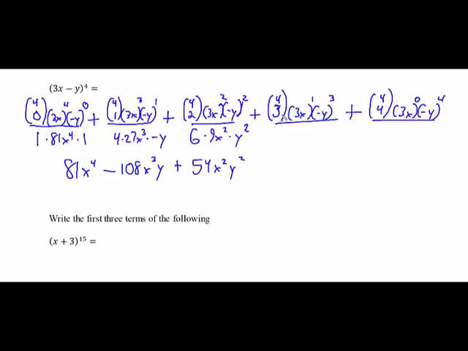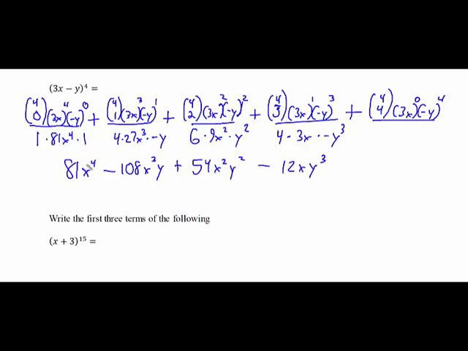Alright, so for choosing 3, if I'm choosing 3 items, I'm going to have 4 as a possibility there. That's from doing the combination formula. 3x to the 1st power is just 3x, and negative y to the 3rd power is negative y cubed. So this will give me a subtraction of 12x y cubed.